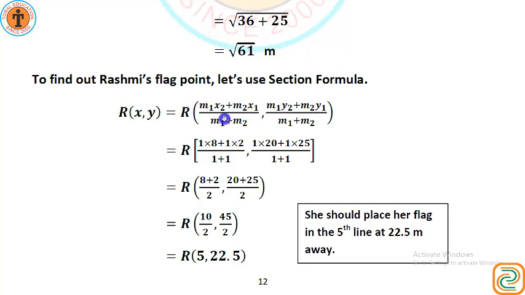Put the values x1, x2, y1, y2, m1, m2. Okay. 8 plus 2 upon 2, 20 plus 25 upon 2, that is 10 upon 2 and 45 upon 2, 5 and 22.5. So she should place her flag in the fifth line, 5 means fifth line, at 22.5 meter away. If we divide 45 by 2, we get 22.5.